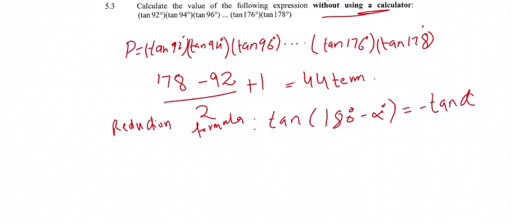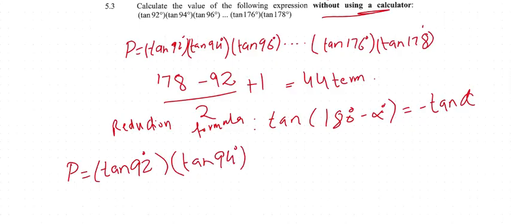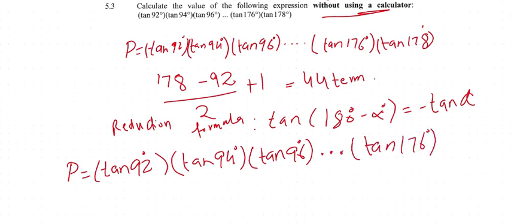So P equals tan 92 degree, tan 94 degree, tan 96 degree, and so on, tan 176 degree, tan 178 degree.